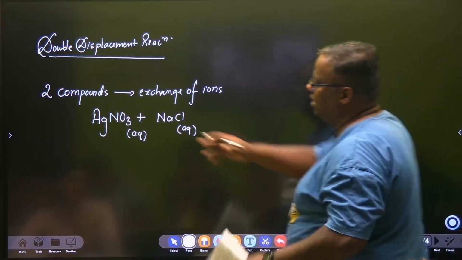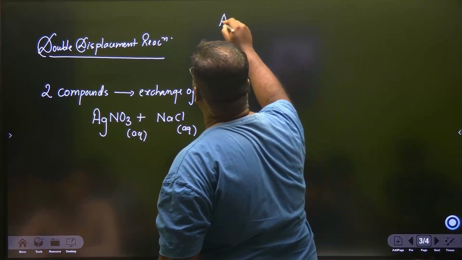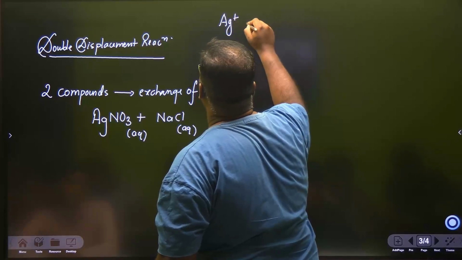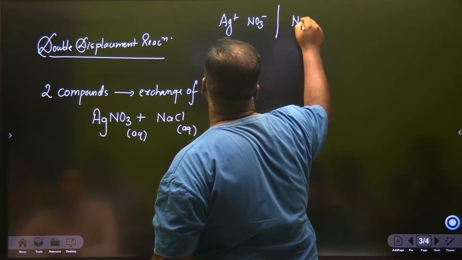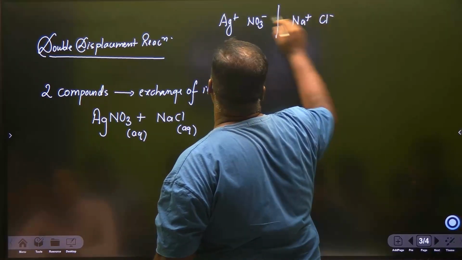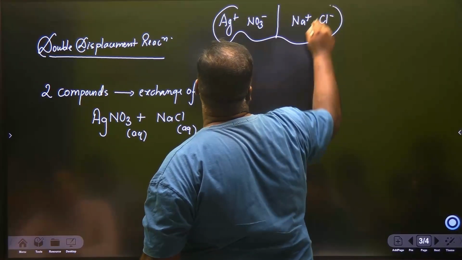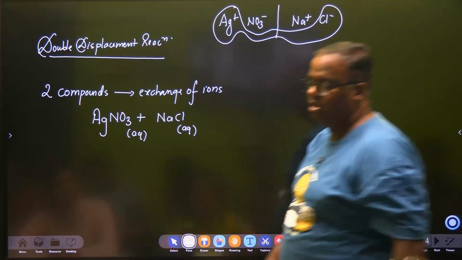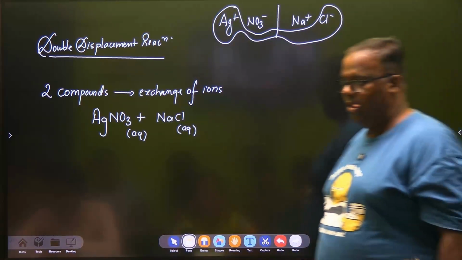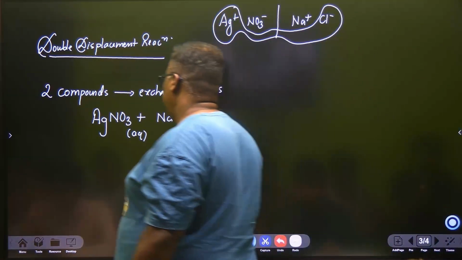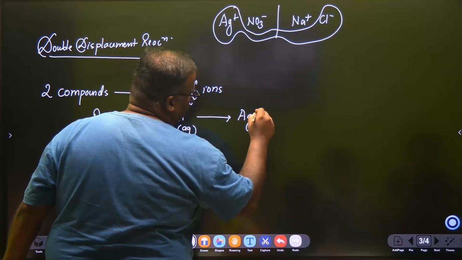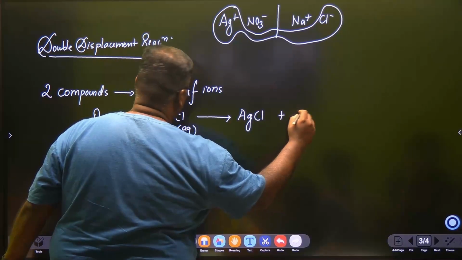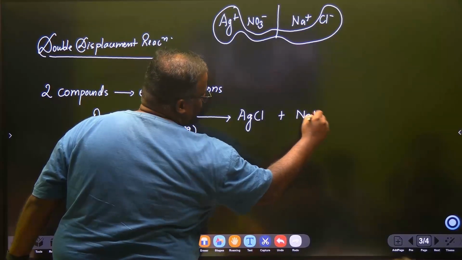So this one will have Ag plus and NO3 minus, and this one will have Na plus and Cl minus. So this one will pair with this one, and these two will pair. So it will be silver chloride, AgCl, and sodium nitrate.